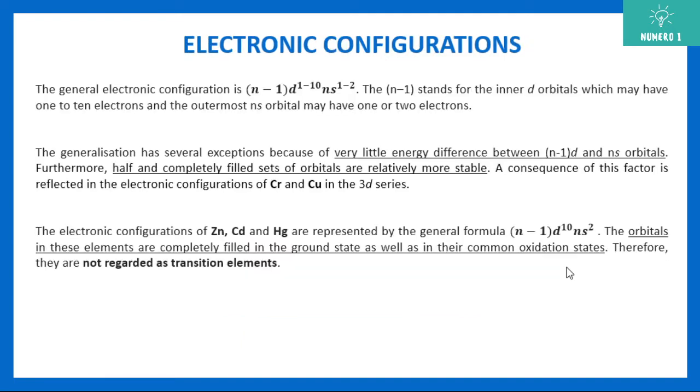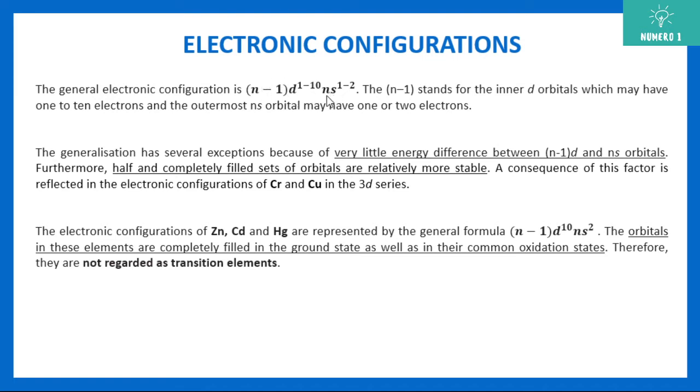Overall their electronic configuration is (n-1)d1-10 ns1-2. Here n is your principal quantum number, so it can be 4, 5, and let's say 6, and so on. When n is 4, that is period number 4, your n-1 will be 3d, so that corresponds to your 3d series.